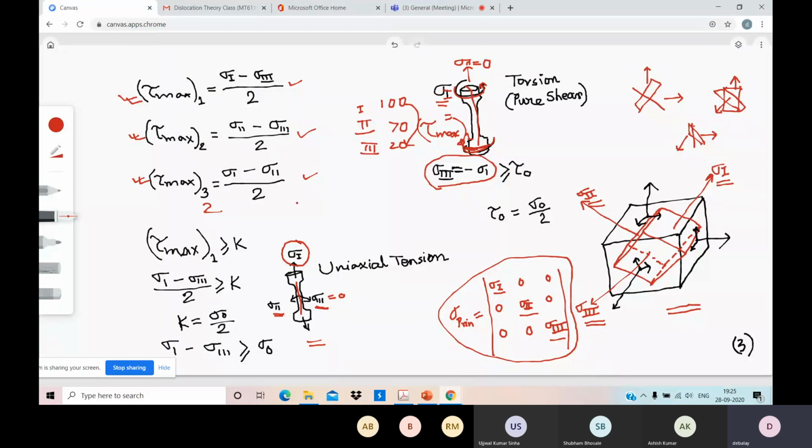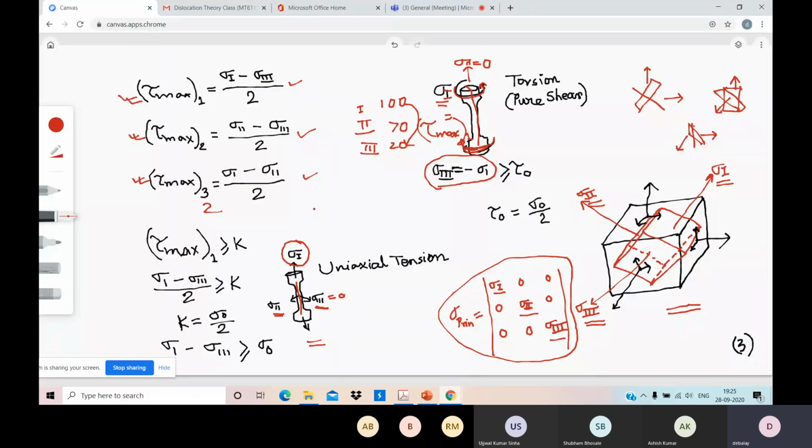Now why am I saying so? Because I want to know when the plastic deformation will happen. A small but detectable plastic deformation will happen.